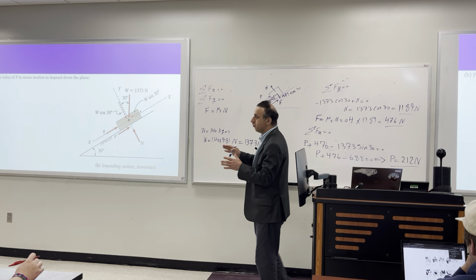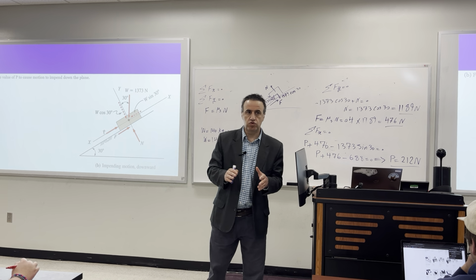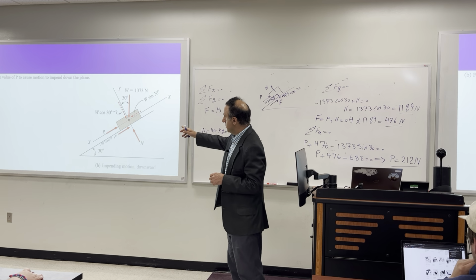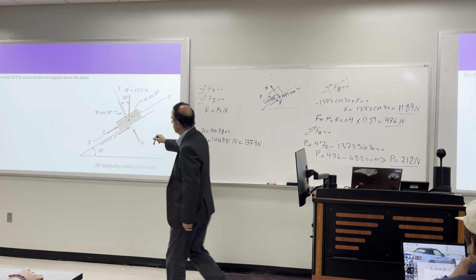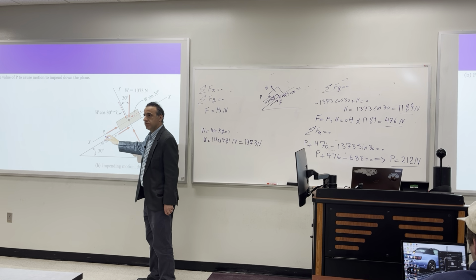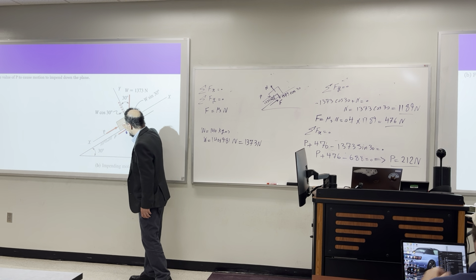So if you apply a force between 211, 212, and 1160, your part is going to go up, right? It's not going to slide down. That means it's going to stay.